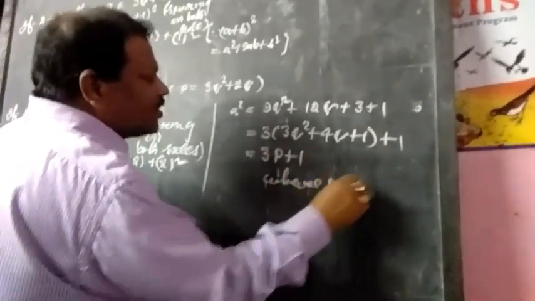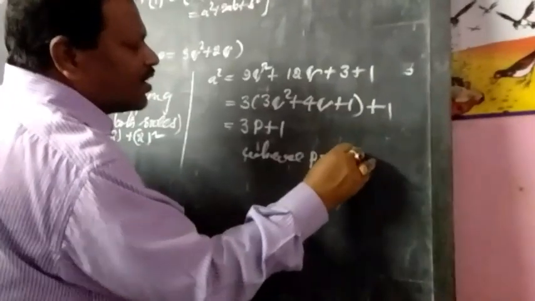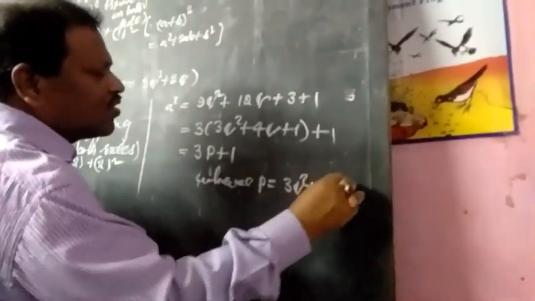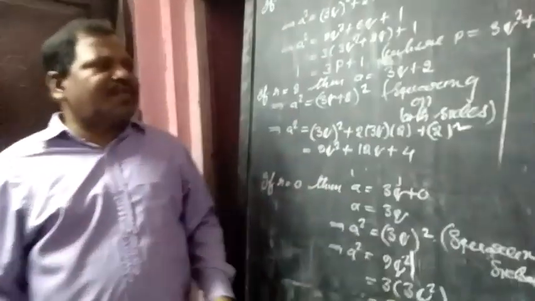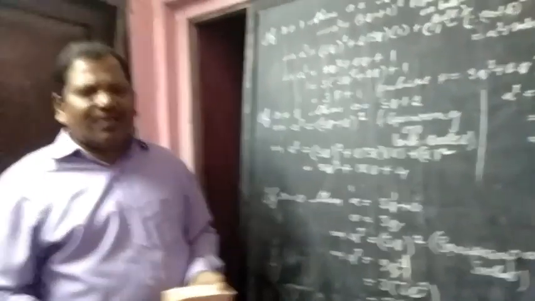Where P is equal to 3Q square plus 4Q plus 1. This is 3P form. So in all three cases we get either the 3P or the 3P plus 1 form.